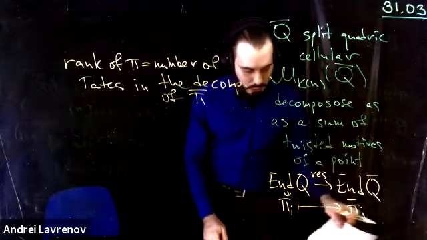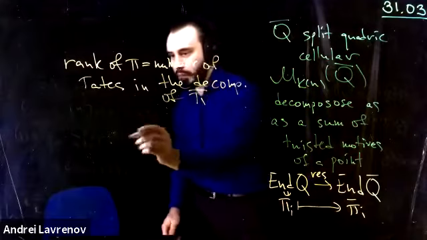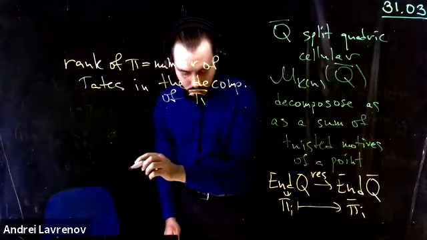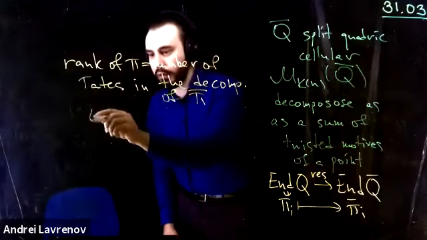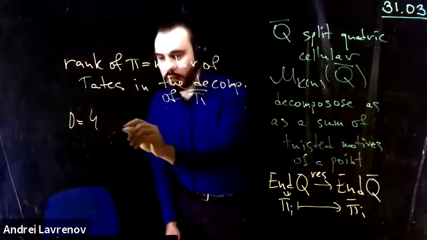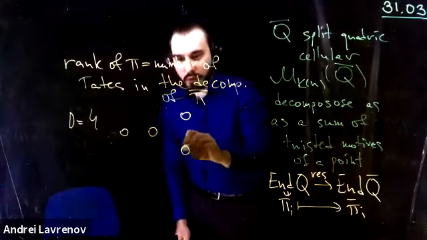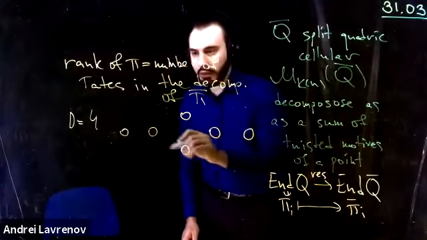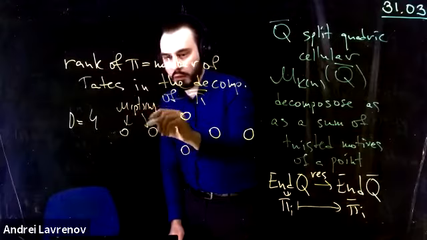Well, as for Chow theory, I will draw pictures. For example, if we have, I don't know, a 4-dimensional quadric, then we will write as usual something like that, meaning that these are motives of a point, but maybe shifted.